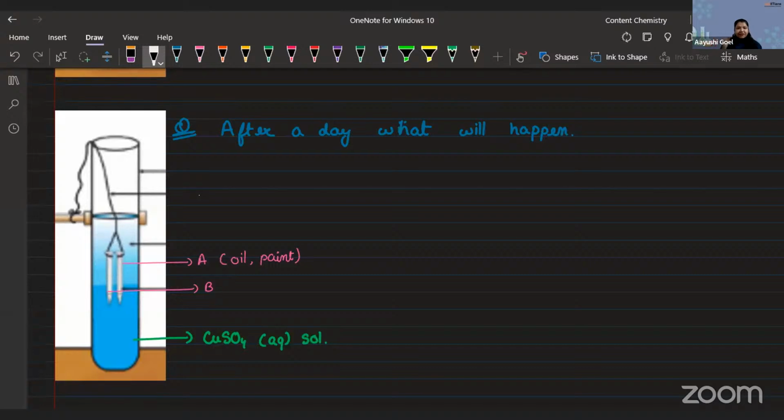Understand, A is still covered with oil and paint, and B is your normal nail. So what will you observe? This is the first question.